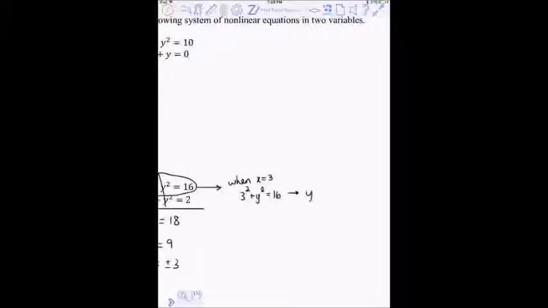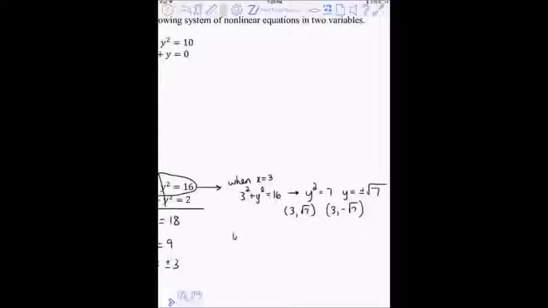That gives me y squared. Now 3 squared is 9. If you subtract 9 from 16, you get 7. So y equals plus or minus the square root of 7. So what we have there are 2 points. We have positive 3 comma square root of 7, and we have positive 3 comma negative square root of 7.